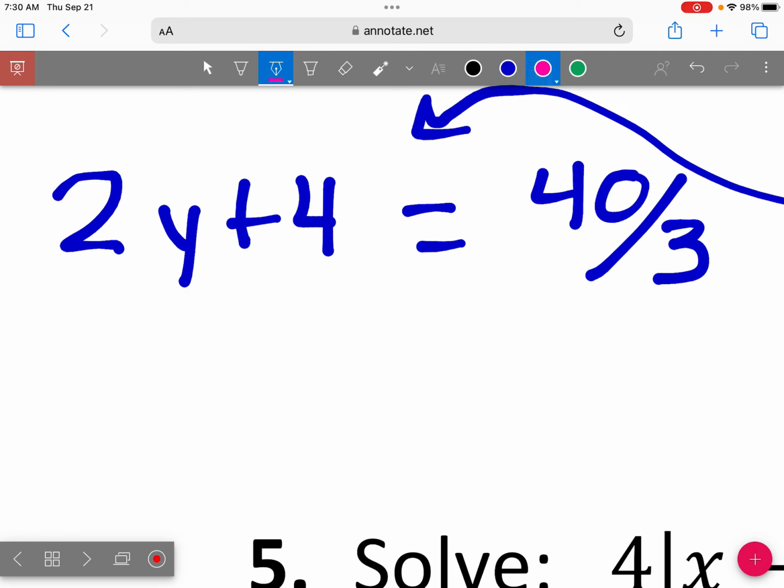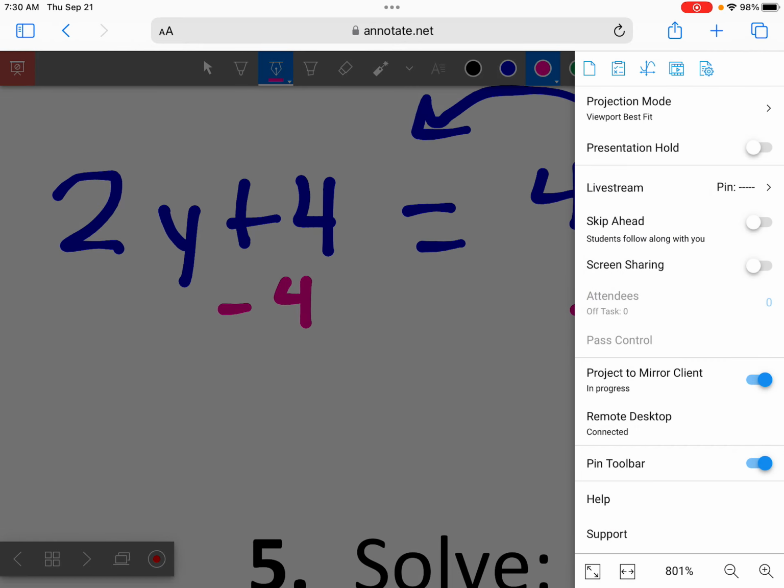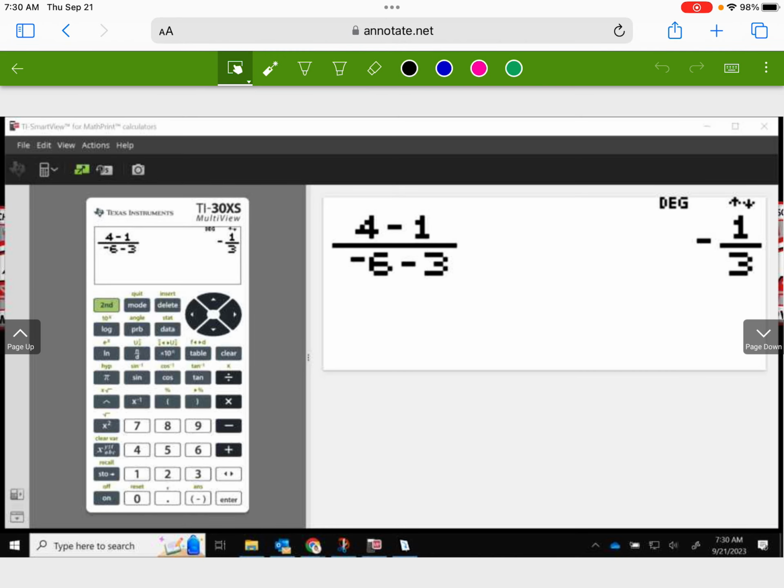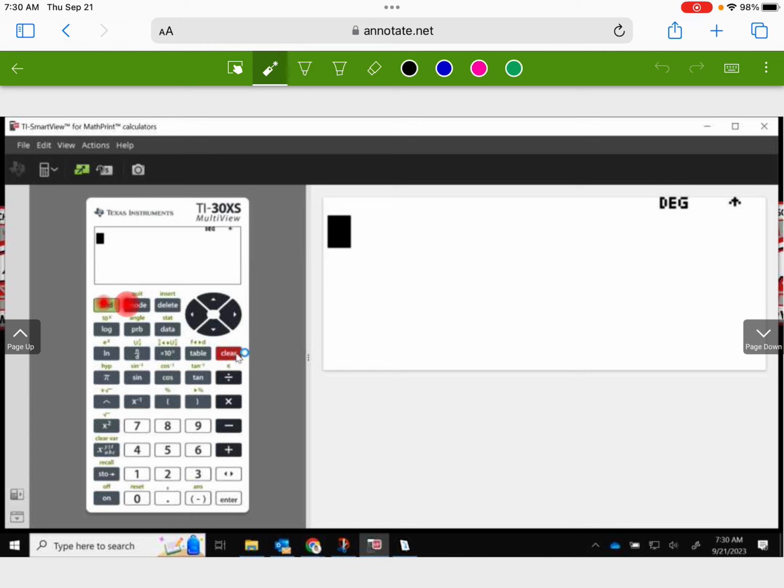What do I do to get y by itself here? Subtract 4. And if we don't want to deal with that as a fraction, I totally get that. So this is the yellow calculator. It's the same button, same order. Second column, third one down. This button right here is our very best friend.